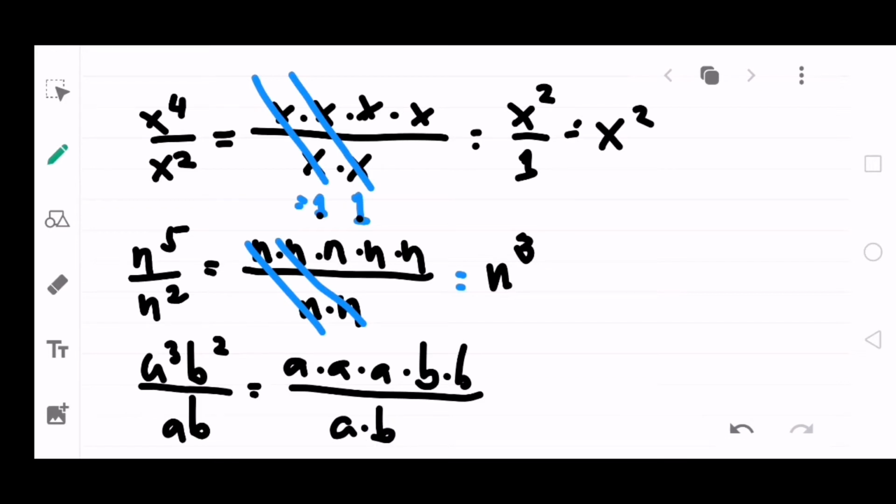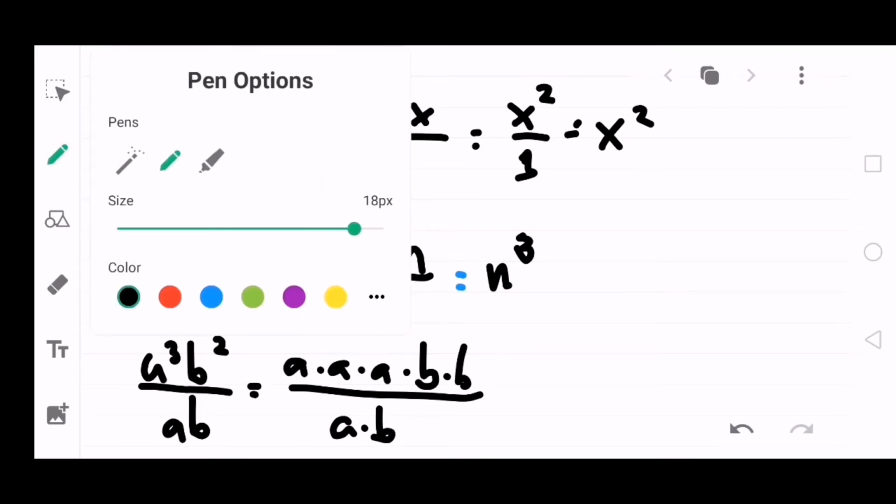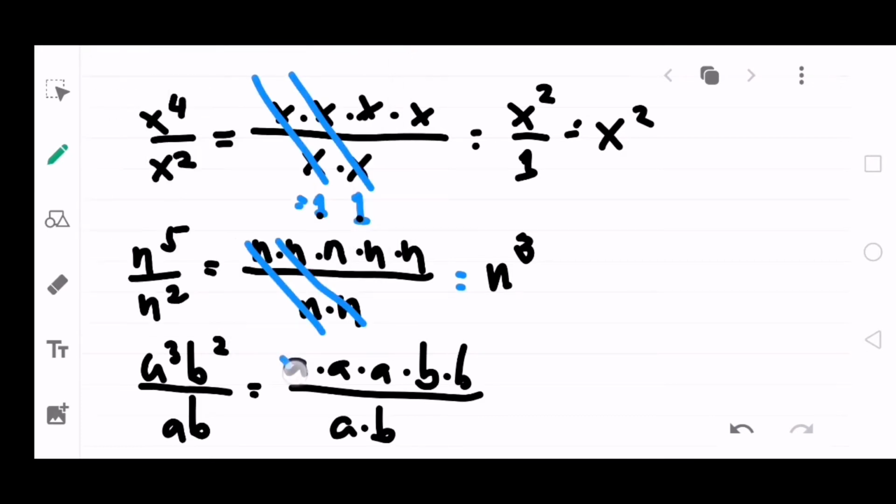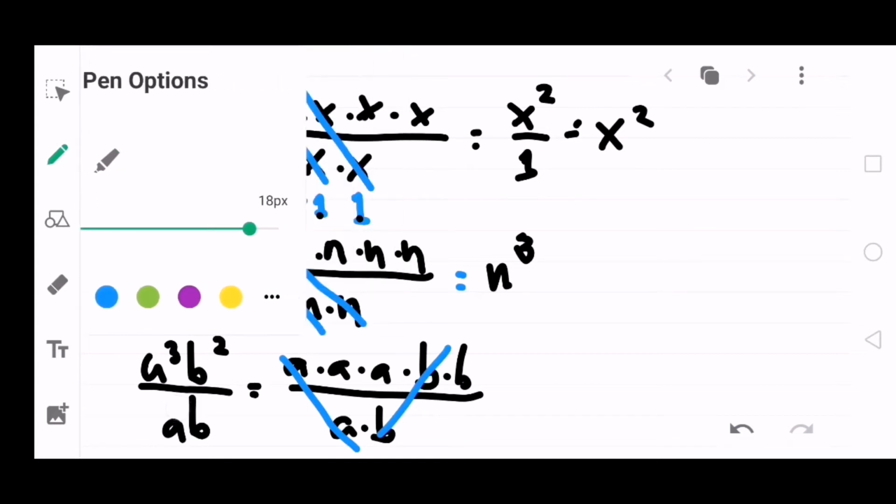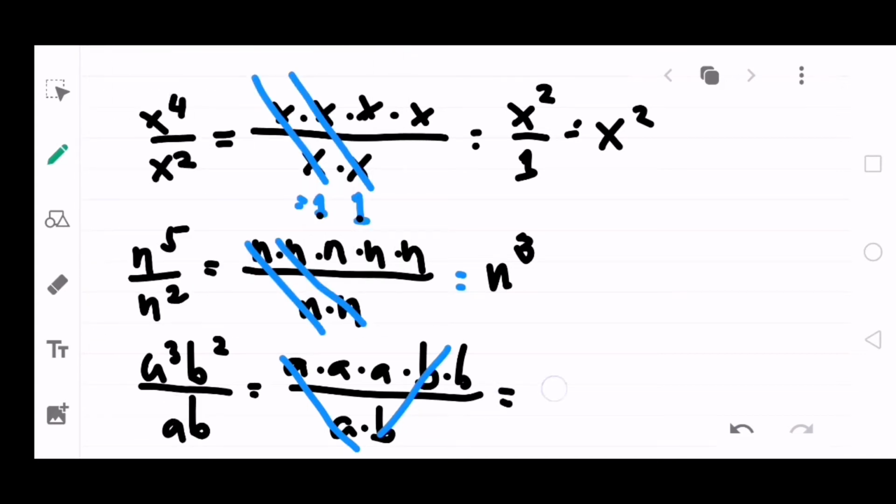Now again, we will cancel out pair of numerator and denominator which is the same since that is equal to 1, like this one. a over a, that is equal to 1. b over b, that is also equal to 1. Now, what was left in our expression is just simply a squared b, or a squared times b.